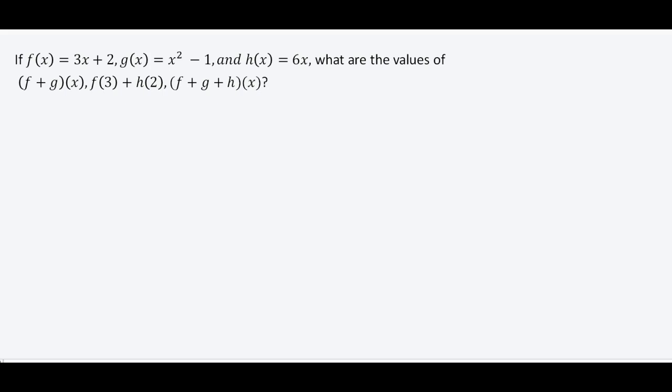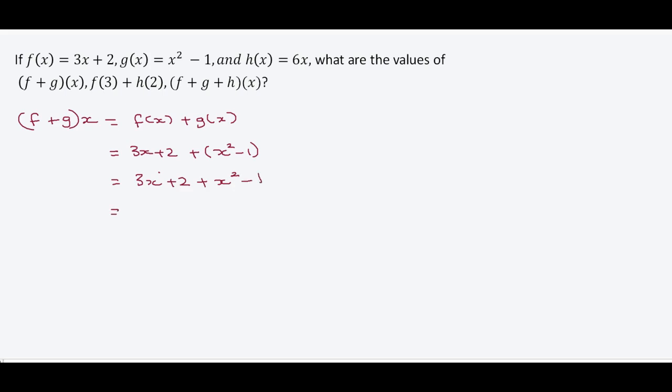Here we're given that f of x is 3x plus 2, g of x is x squared minus 1, and h of x is 6x. So what are these values? Let's look at f plus g of x. f plus g of x is going to be the same as f of x plus g of x, which is 3x plus 2 plus x squared minus 1.